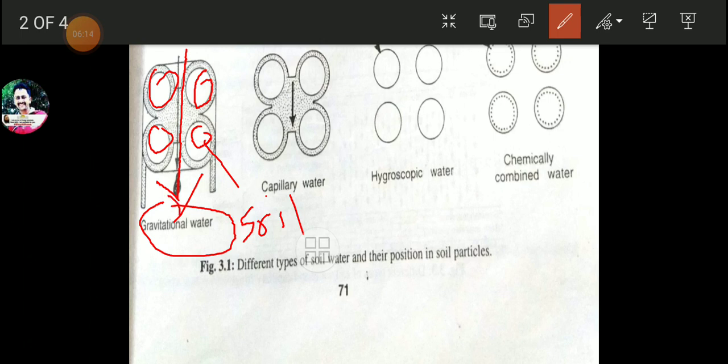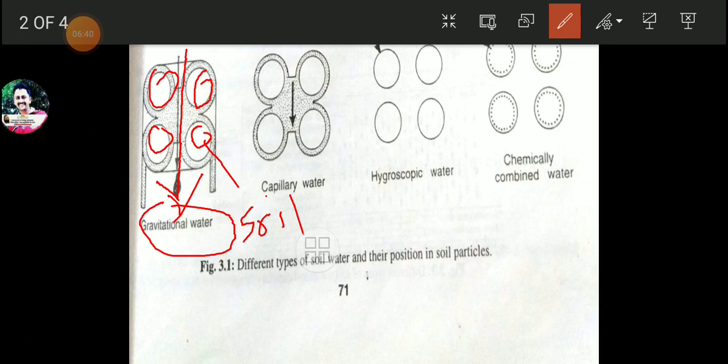That arrow shows how the water reaches deeply into the soil after rains. After raining takes place, the water reaches deeply into the soil because of gravitational force, or due to gravitation.